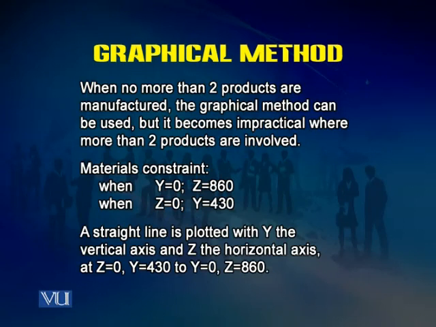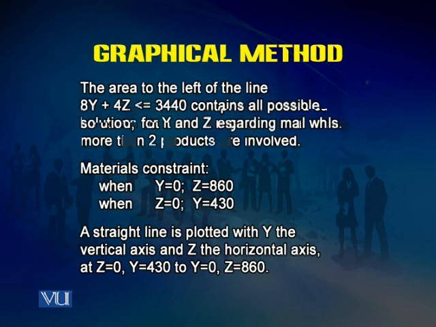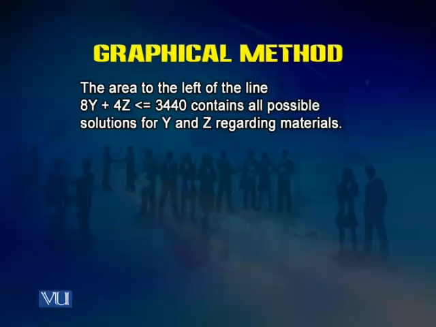At z equal to 0, y is equal to 430, and at y equal to 0, z is equal to 860. The area to the left of the line 8y plus 4z is less than or equal to 3440 contains all possible solutions for y and z regarding materials.